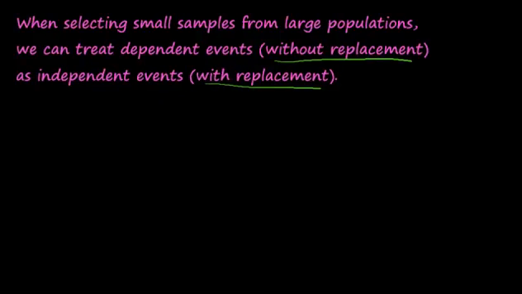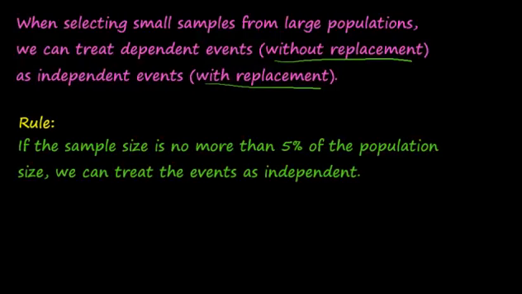So the rule states, if the sample size is no more than 5% of the population size, we can treat the events as independent.